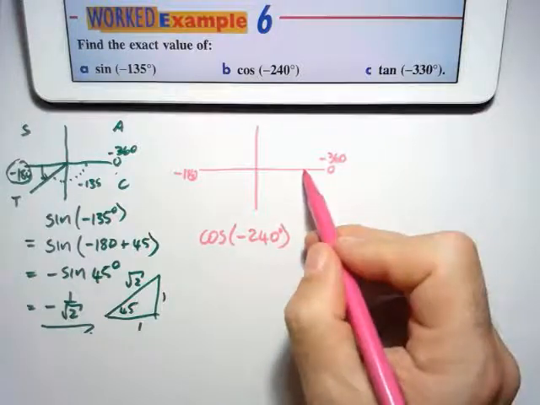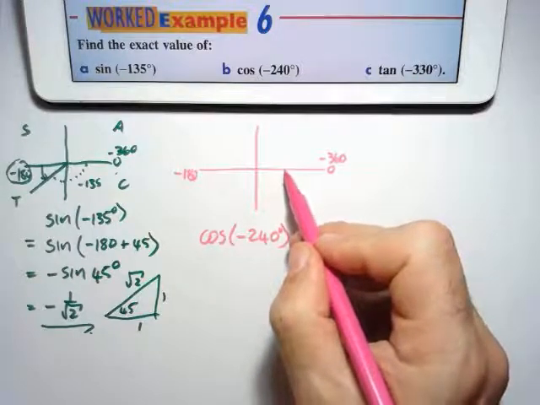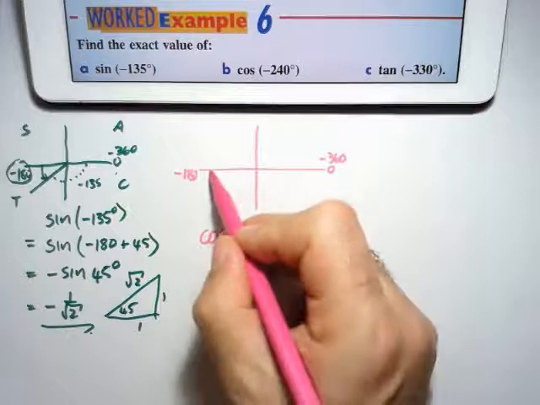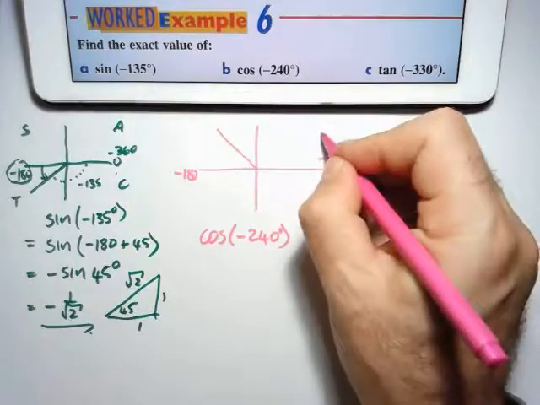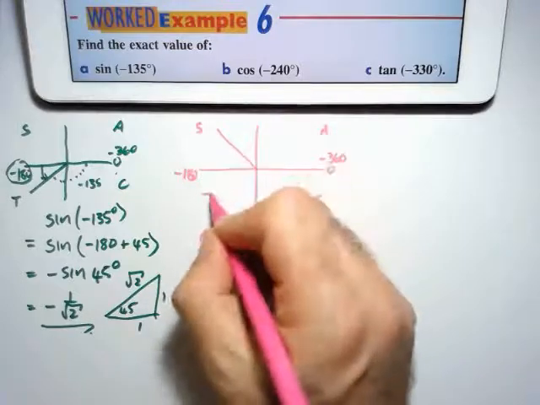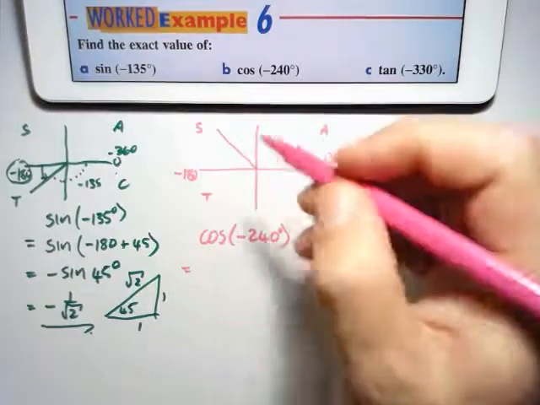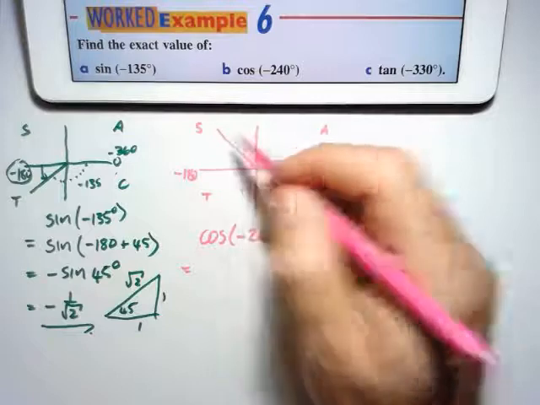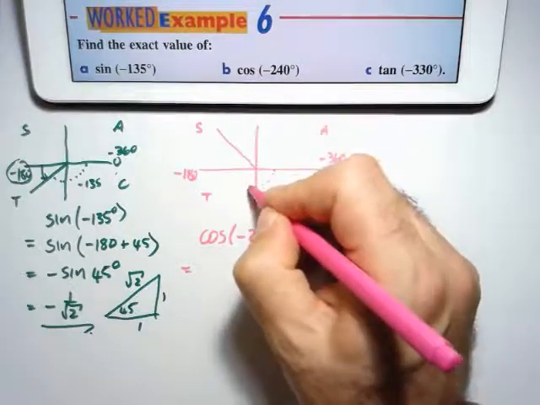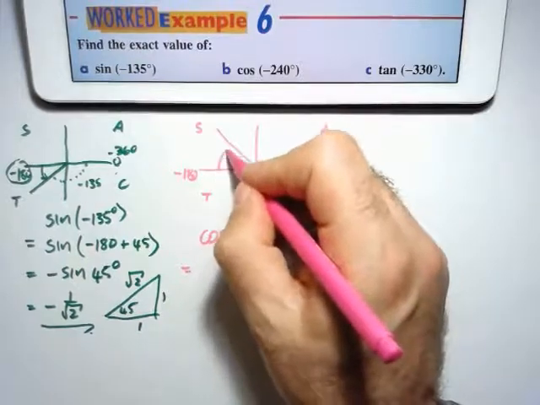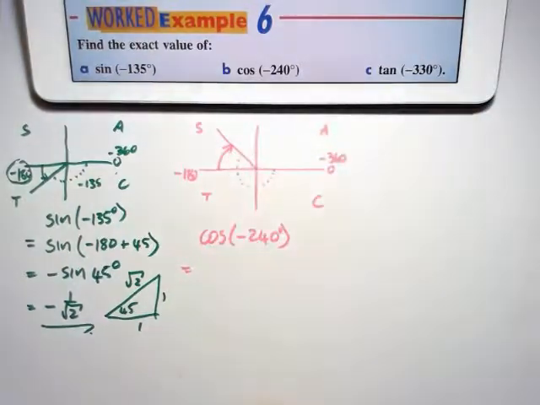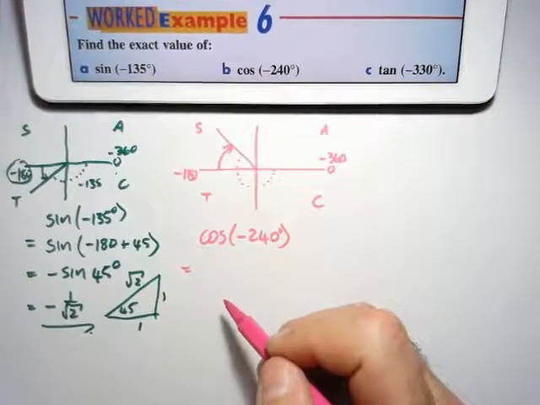If I start at 0 and go in the negative direction, it will be negative 180, and negative 240 will be up there. To get from my x-axis to this point, as an acute angle, that's how big my reference angle is going to be.